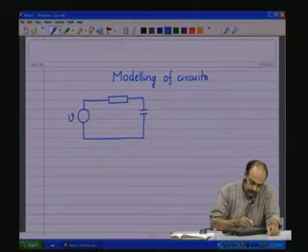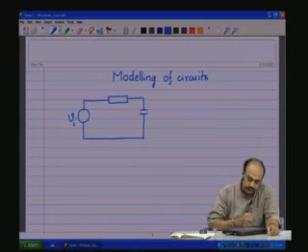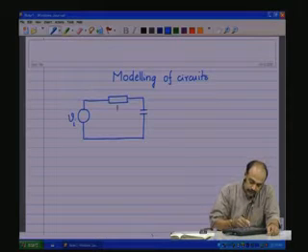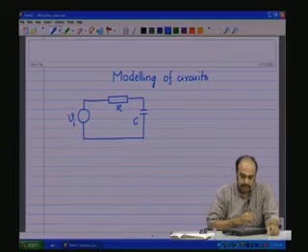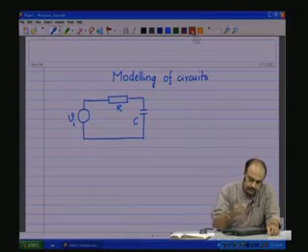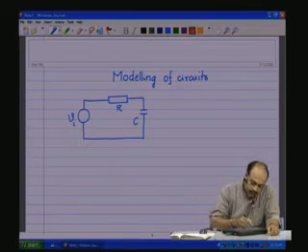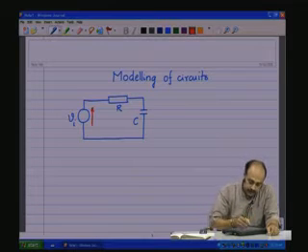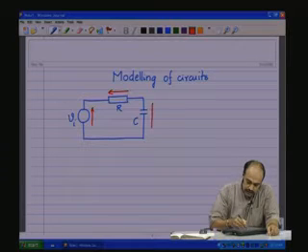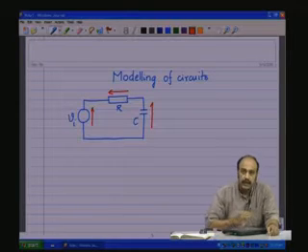The source, you have Vi, there is a resistance R and capacitance C. The source has the voltage, the arrow direction in that as shown here, the voltage across the resistance and the voltage across the capacitance shown like this.